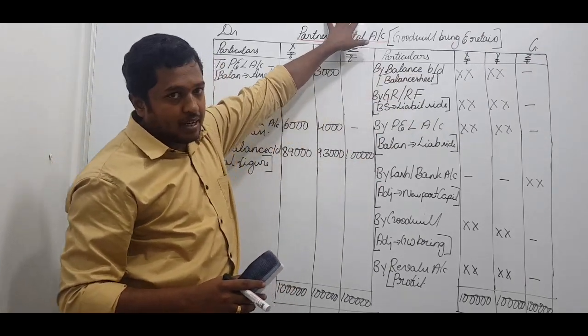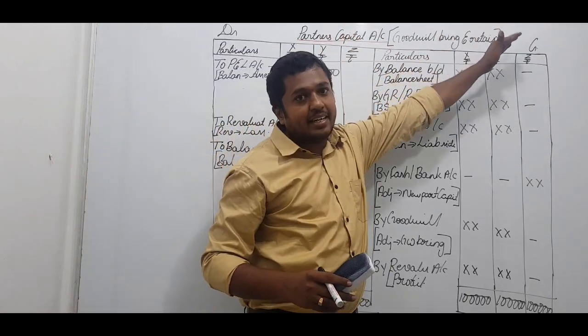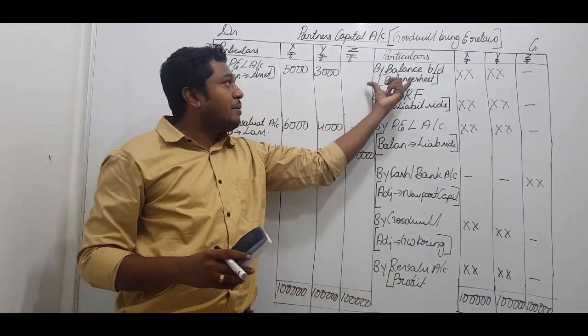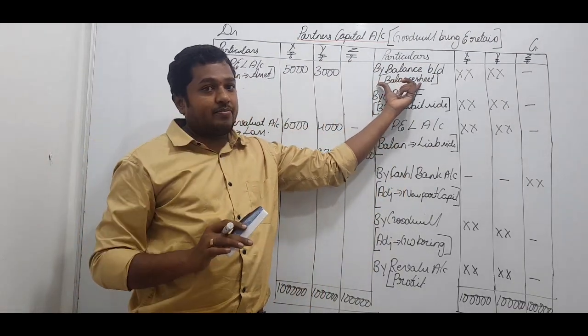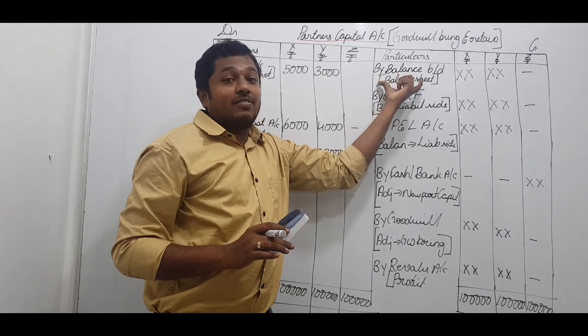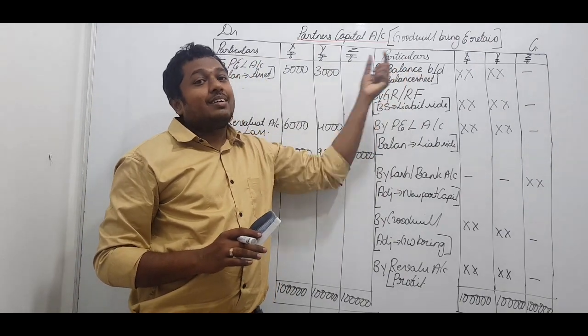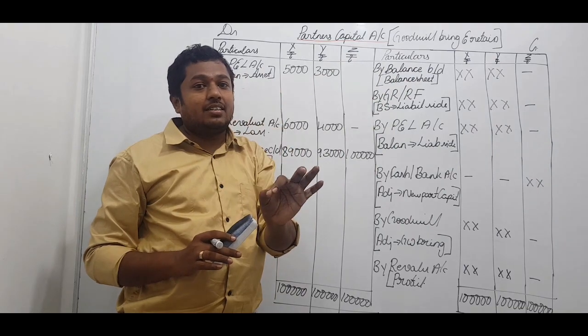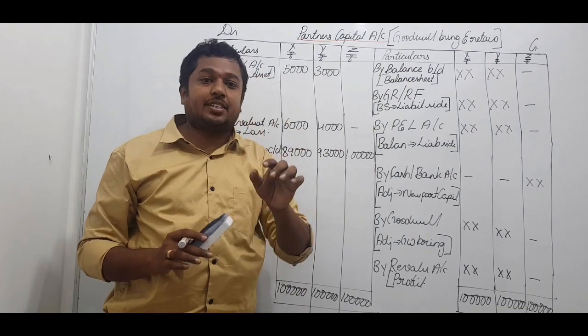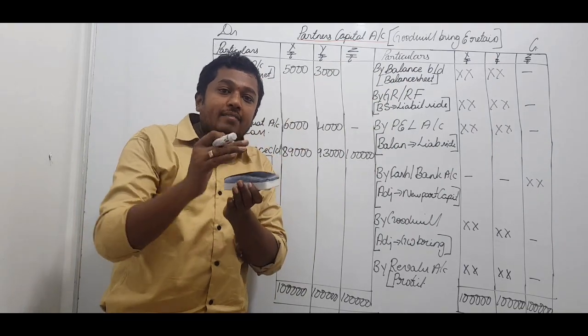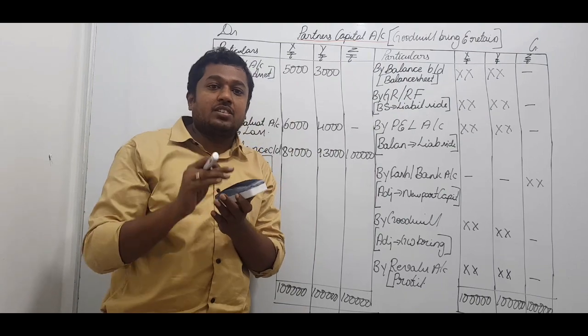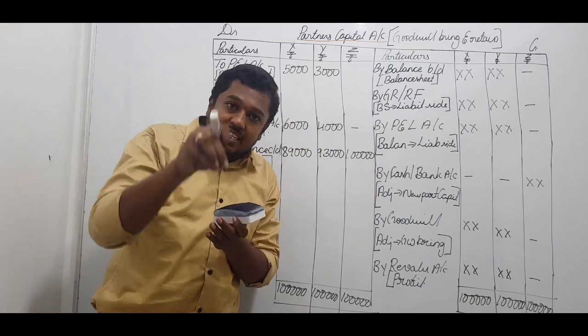In the partners' capital account, credit side, the first item is balance brought down. Where will the balance brought down be given? It will be given in the balance sheet. In your question, a balance sheet is given.